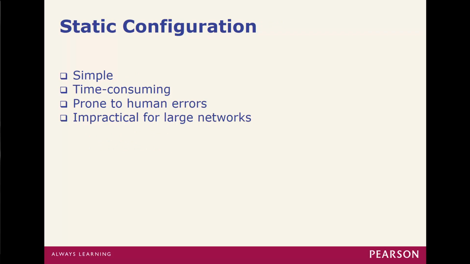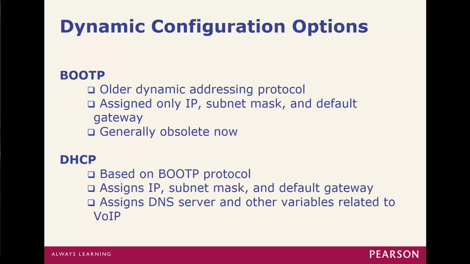We can assign our addresses one of two ways. Statically, meaning manually. It's simple, you go in, you manually do them, but it's time consuming and it's prone to error. And it's not really good for large networks. It's really good for static resources that may not move often. For example, printers. Or we have a dynamic option, which is normally sent via a DHCP or Dynamic Host Configuration Protocol server.